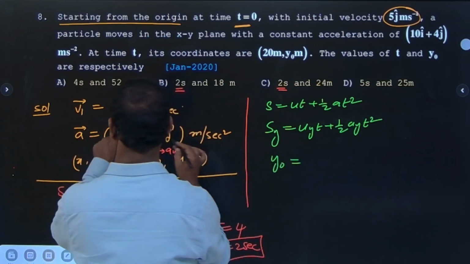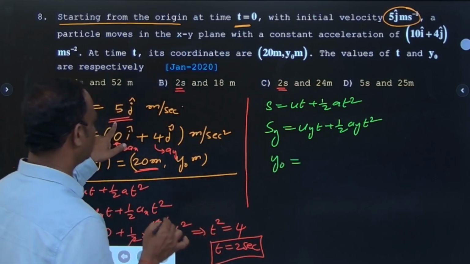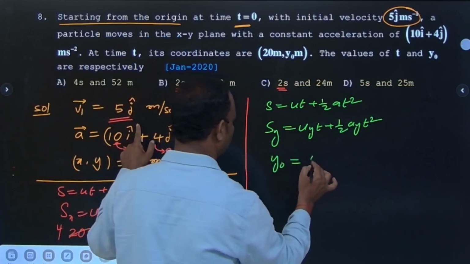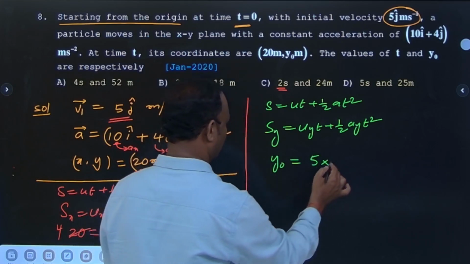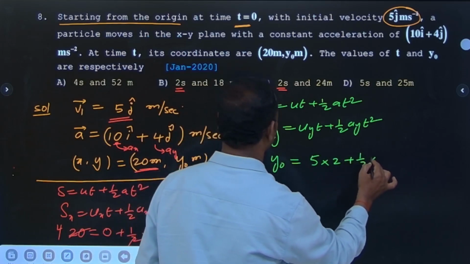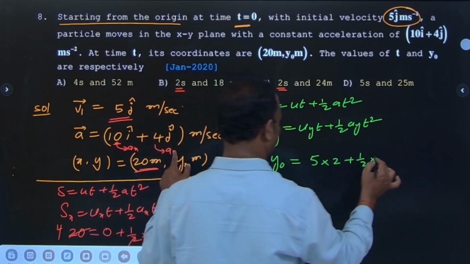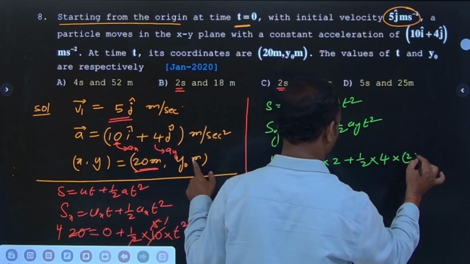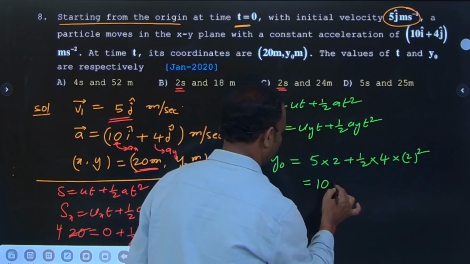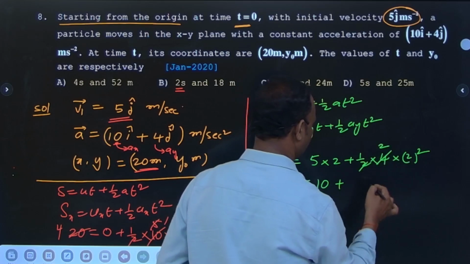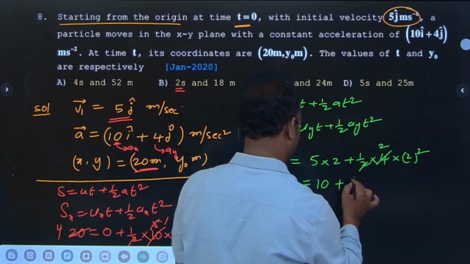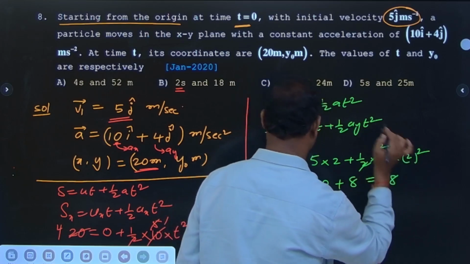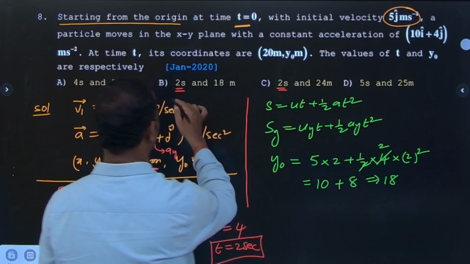Initially along the y-axis it is 5, into the t we got, 2, plus half. What is the ay? Ay is 4, into 2 square. It's 10 plus 2 ones 2, 2 square 4, 4 2's are 8. The answer is 18. So this is 2 and 18.